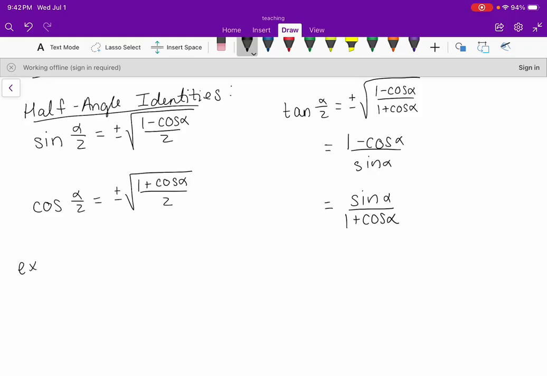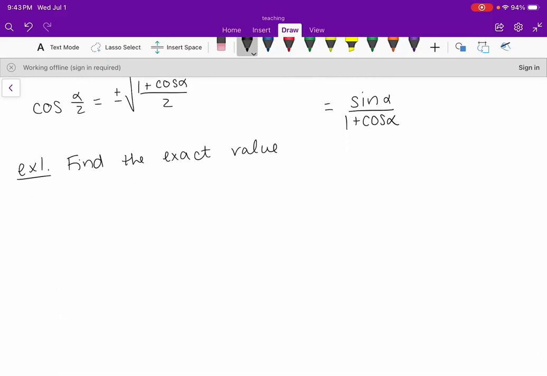So this will be example 1 in our section. We're going to find the exact value, and the first one that I'm going to do is tangent 15 degrees, and then B, we'll do one with the sine or cosine one.